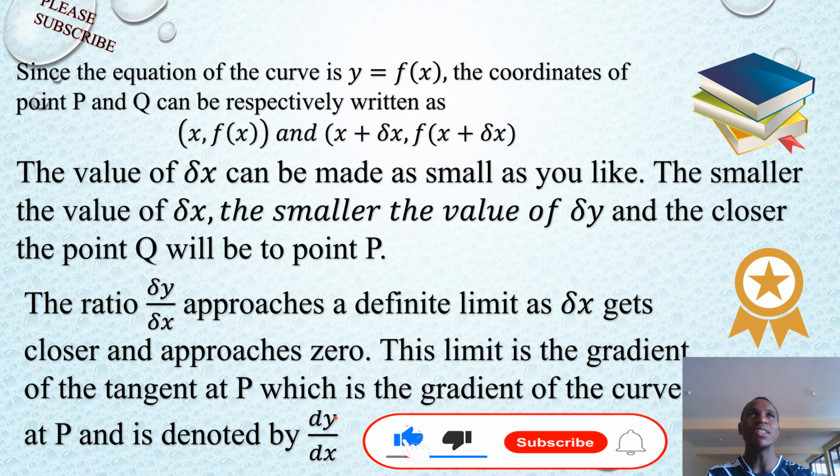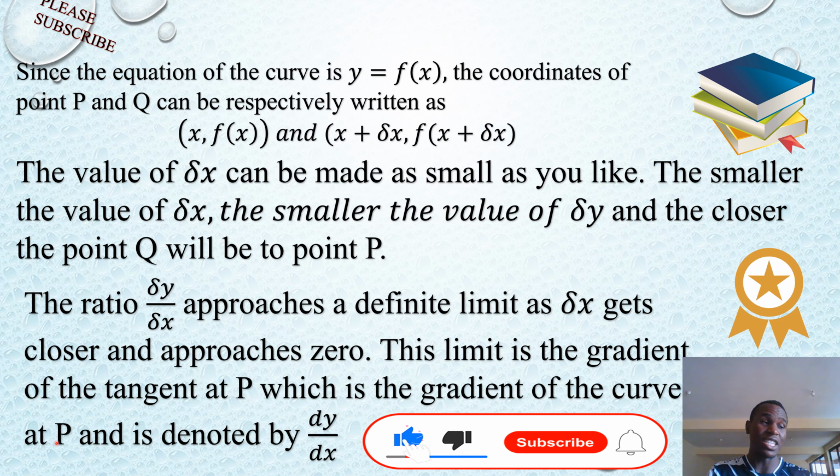It's just that the value is so small that you can consider it to be 0, but it is never equal to 0. So if delta x, our small increment, is so small that it approaches 0, then this delta y on delta x will approach a finite limit. And this limit is what we call the gradient of the tangent at the point P, which is the gradient of our curve.